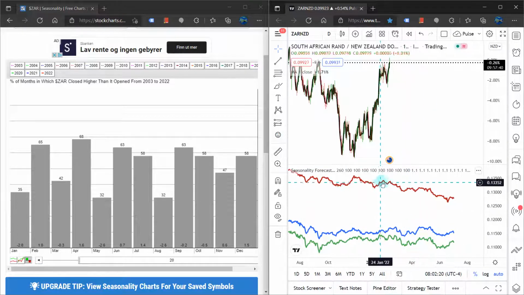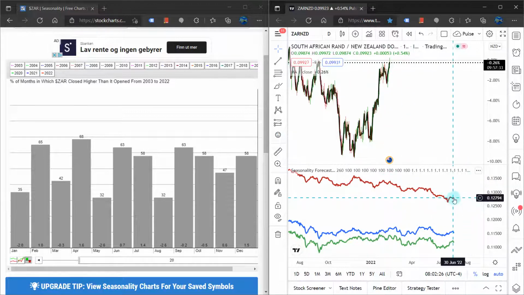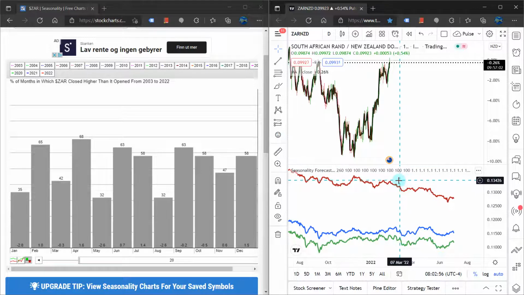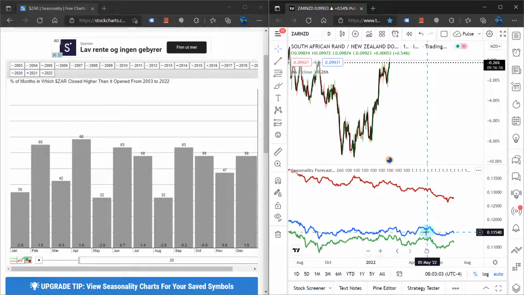In that case, you can see here that over the last 10 years, in this red line, the coming time leading into the 30th of June usually is bearish, meaning the South African rand tends to weaken against the New Zealand dollar.